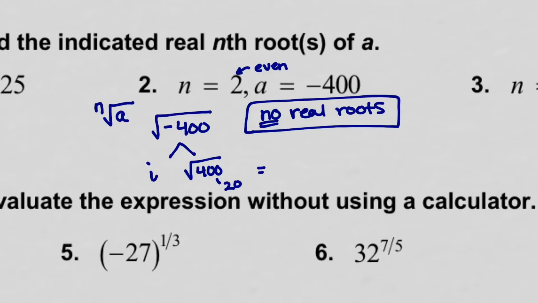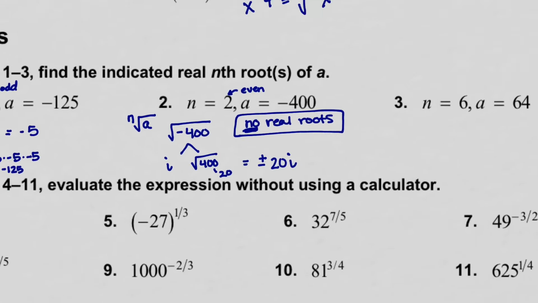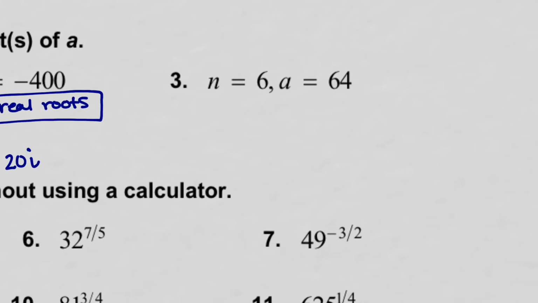So altogether our answer, if we were not dealing with just the reals, would be plus or minus 20i. But because we are asked specifically about the real nth root, we have to say none exists, no real roots.